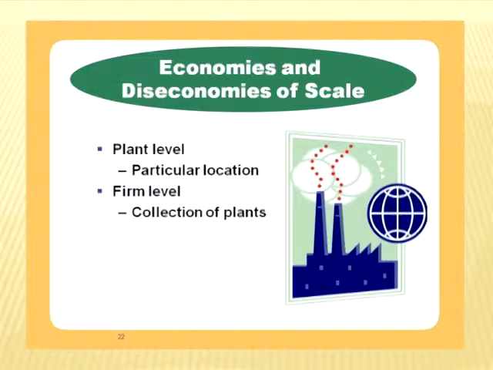From the standpoint of the firm level, the firm could actually change by adding additional plants. So once that plant reaches its maximum, say 250,000, then we could have an additional plant which would allow us to increase our output.